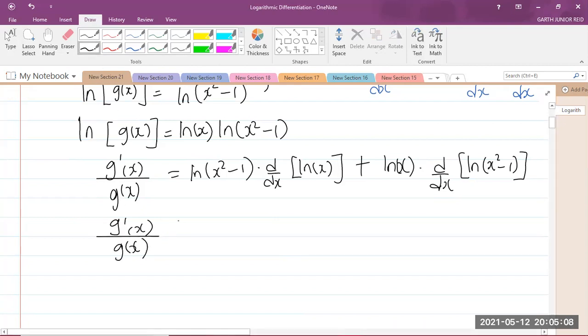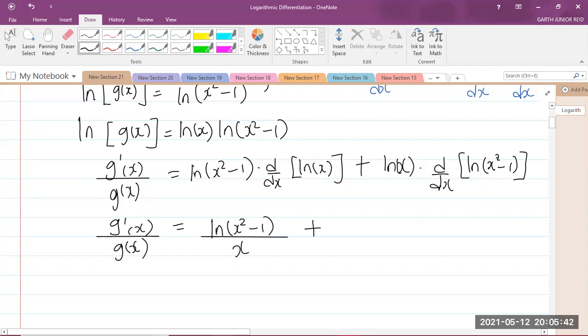When you differentiate ln of x, you should remember that we get 1 over x. So what we have is 1 over x multiplied by ln of x squared minus 1, which gives the ln of x squared minus 1 divided by x. Plus, we are differentiating the ln of x squared minus 1.